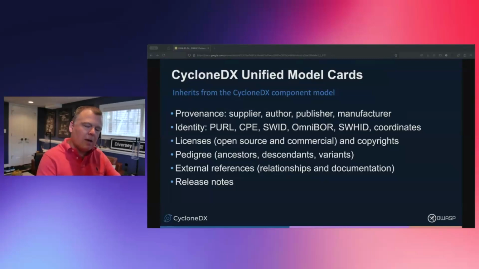It guides you in terms of how something should be done, which is great because it's really difficult to shoot yourself in the foot, right? So it's prescriptive, yet flexible enough to support all these other things. And machine learning models are something that we support. So all the provenance information and all the licensing and pedigree, if you have foundational models and base models and all these other things, they can be described in CycloneDX today, right?